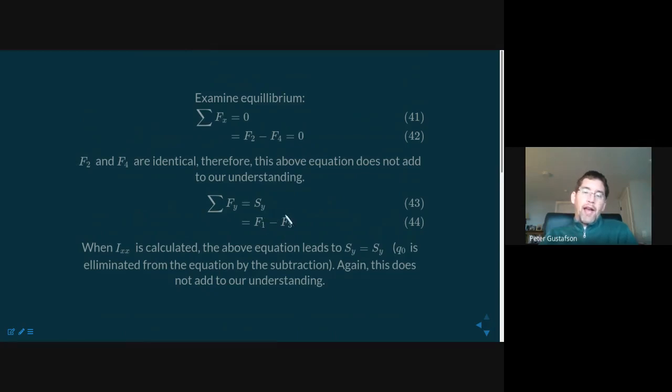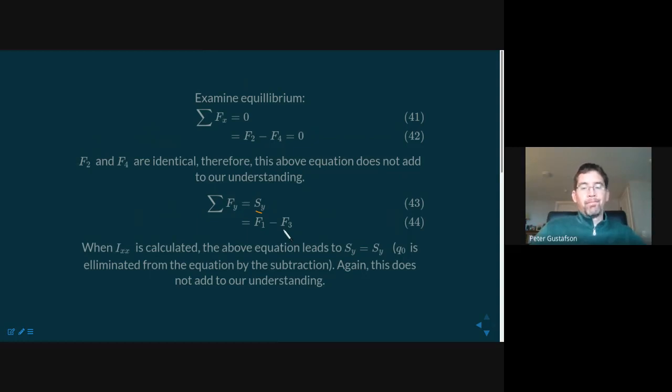And those are statically equivalent to Sy. Again, you're not summing F1 minus F3 plus Sy. It's rather F1 minus F3 equals Sy, since they are statically equivalent.